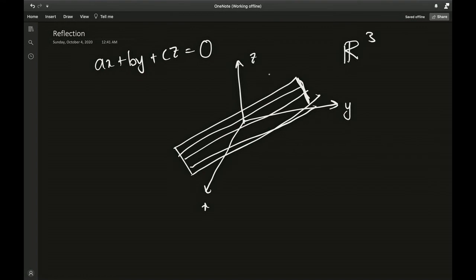So if we have an element in this R3, and usually it's a vector in R3, if we reflect along this plane, so assume that this plane is some sort of a mirror, it will get reflected. Now this is probably not accurate in terms of visual representation, but I hope you get the idea.